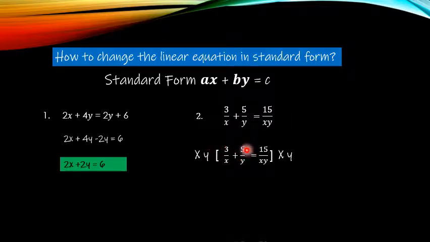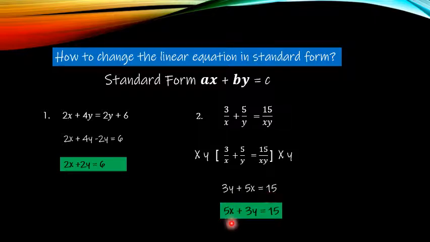Then xy divided by y, cancel the y, and we have x times 5, 5x. For this one, xy divided by xy cancels out, and the answer is 15. So 3y plus 5x equals 15. Then let's rearrange this one: 5x plus 3y equals 15. So this is the final answer.